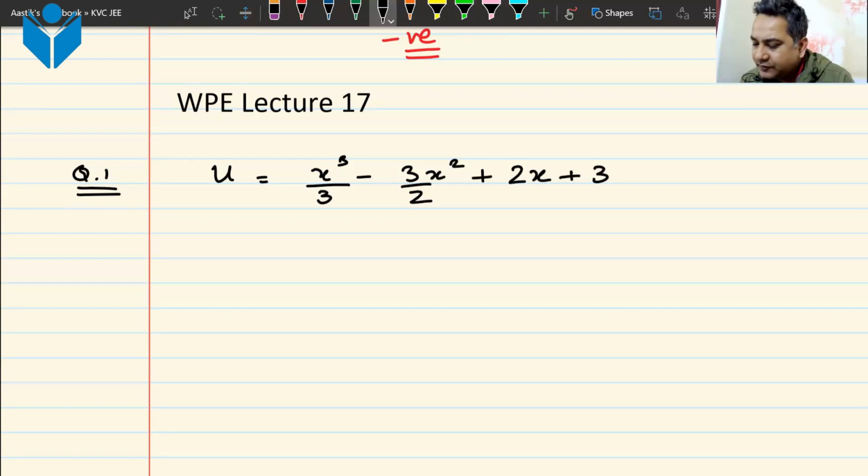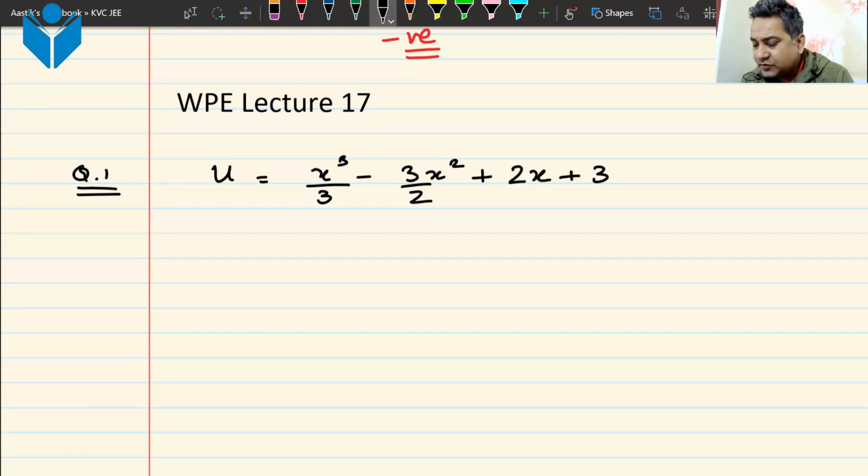Let us say that we have an energy function like this. The energy function is given as x cubed by 3 minus 3x squared by 2 plus 2x plus 3.